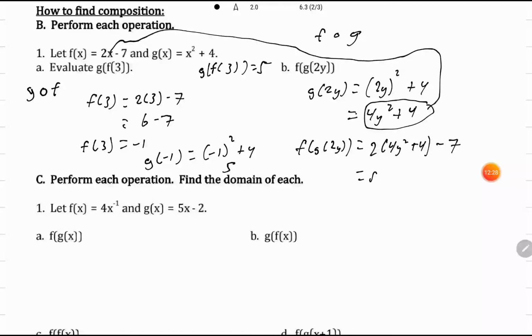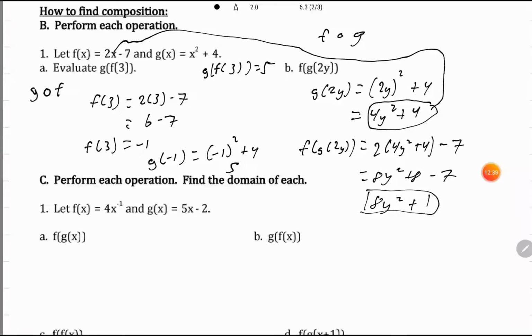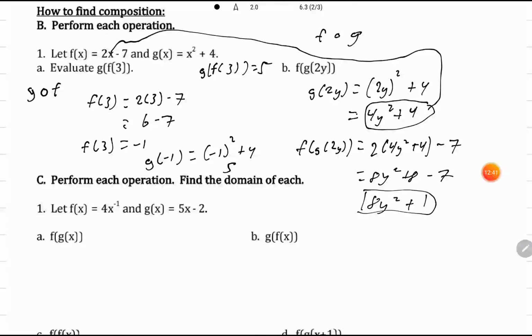And that's going to be 8y squared plus 8 minus 7. So that is 8y squared plus 1. Yeah, that's it. And that is equal to f of g of 2y. Here we go. Next one.